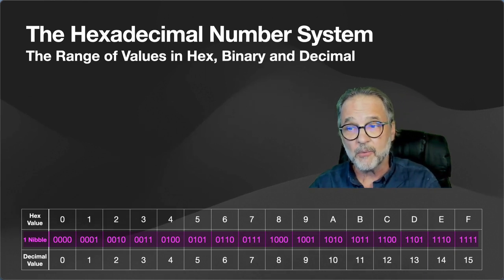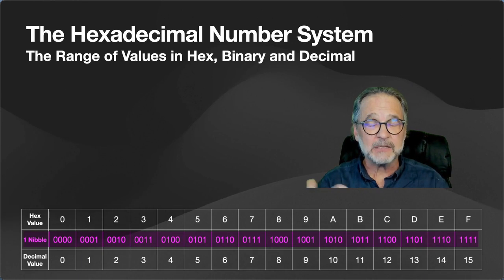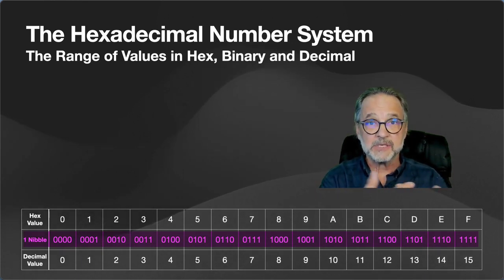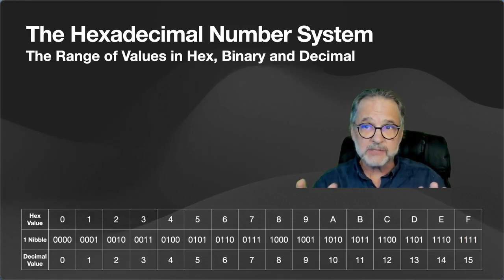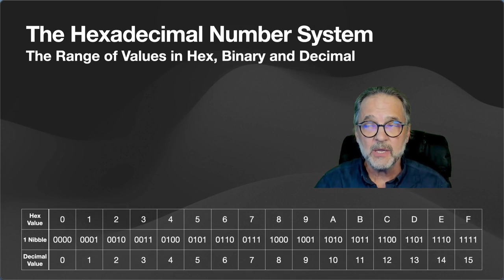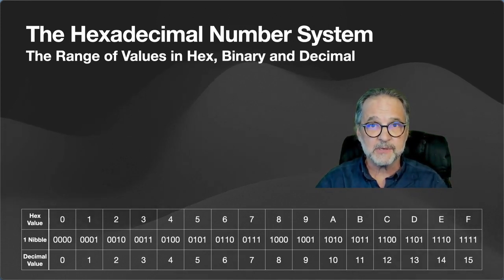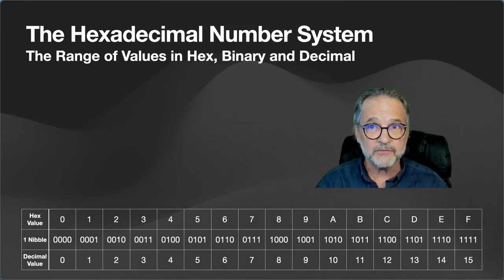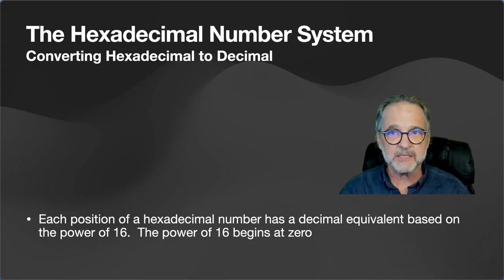And it goes all the way to F, which is all the bits are filled up, and that's F. So that's an illustration of how a single nibble can contain the smallest hexadecimal digit as well as the largest. So that's one of the reasons why hexadecimal is so commonly used, because it is directly related to 4 bits.